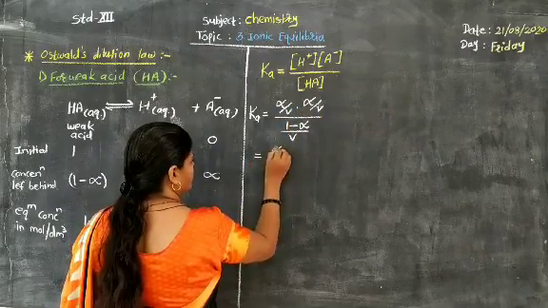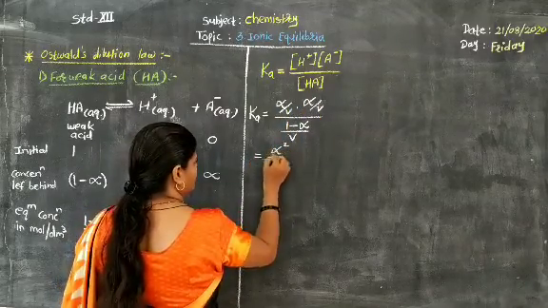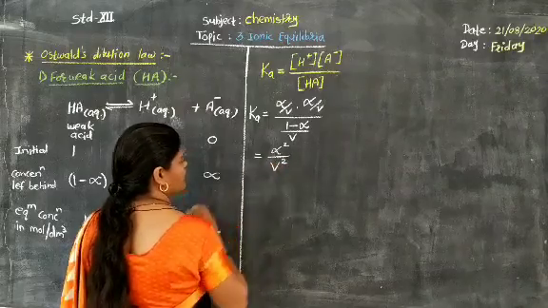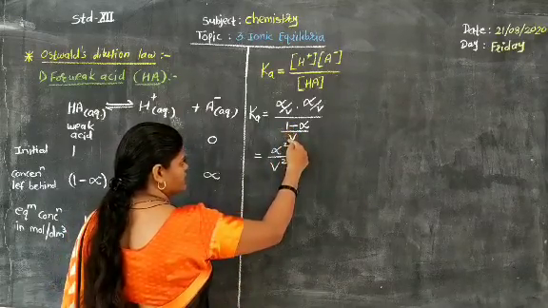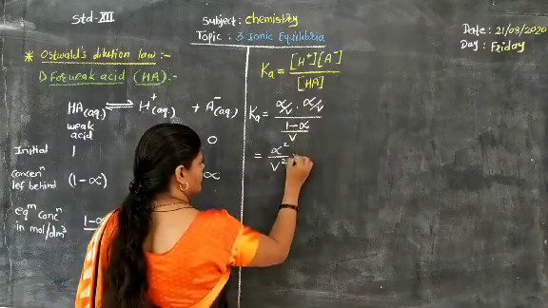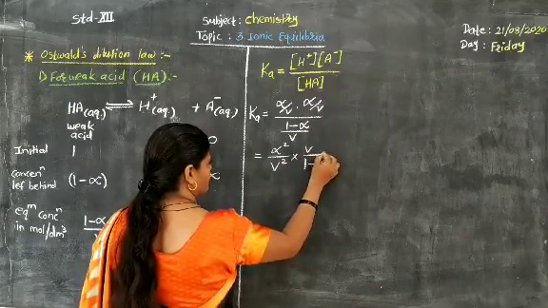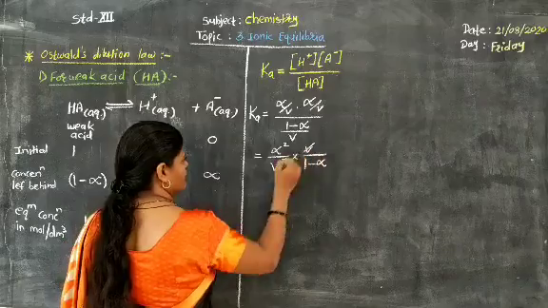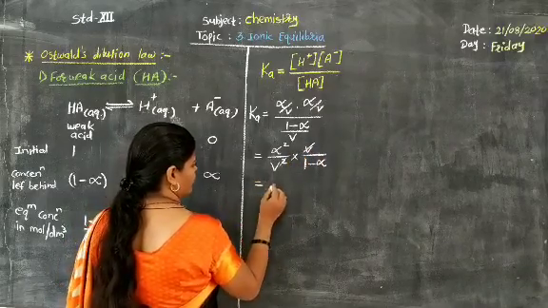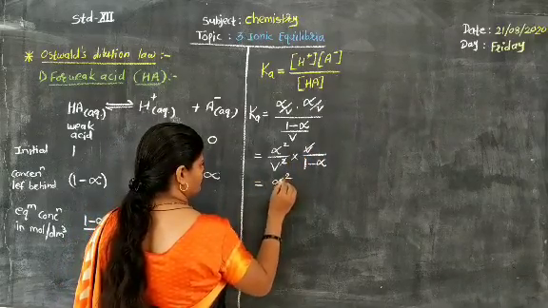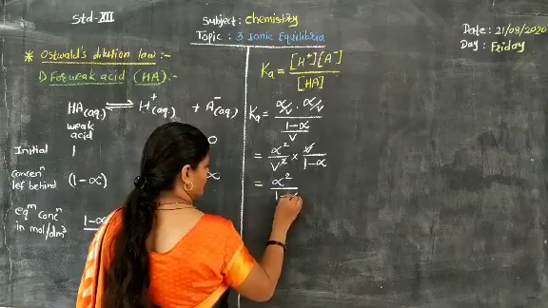Alpha into alpha is alpha square, upon V into V is V square. Denominator goes to numerator, so into V upon 1 minus alpha. Now one of the V gets cancelled, and whatever is left behind is alpha square upon 1 minus alpha.